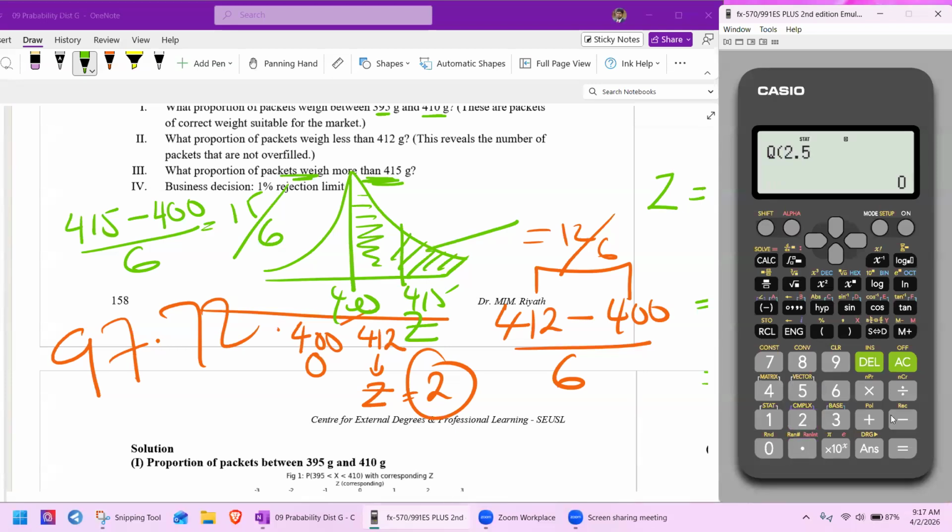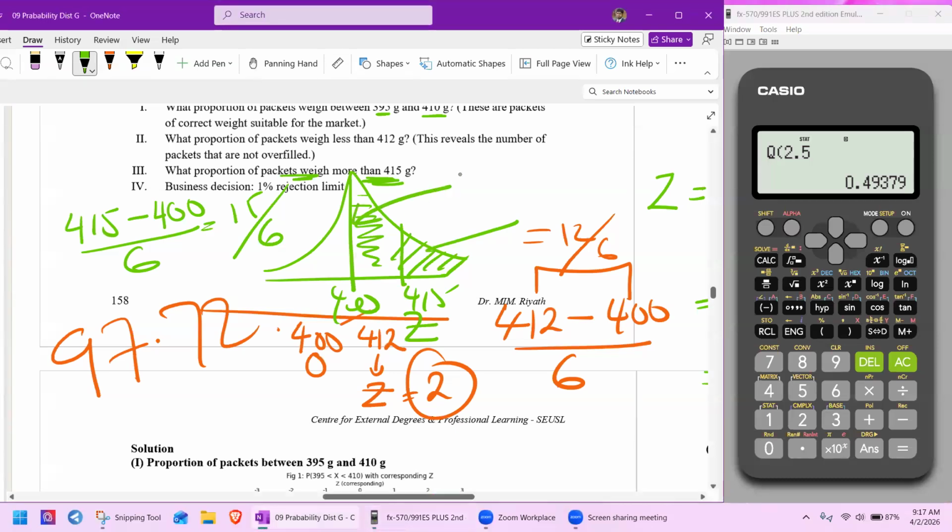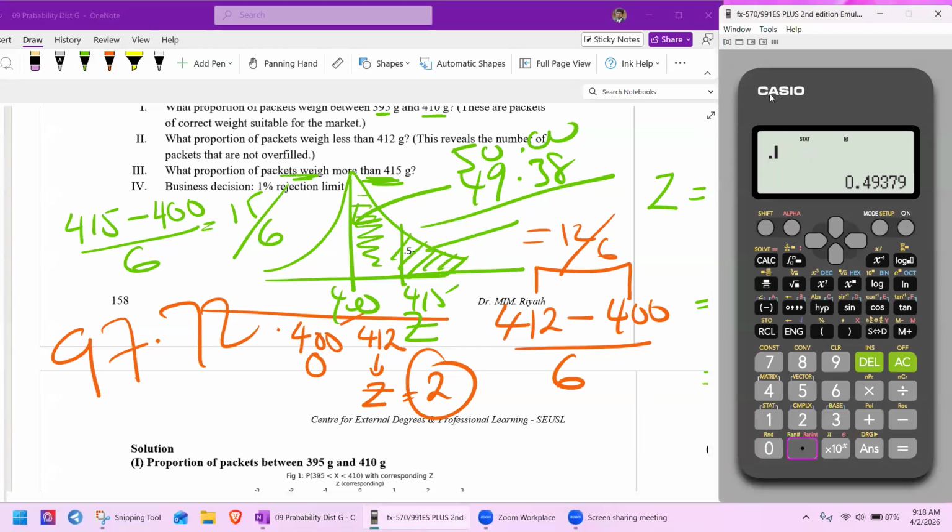For 2.5, this area equals 0.4938. We know that the total area to the right from 0 is 0.5, so the difference is 0.5 minus 0.4938, which is equal to only 0.00621.